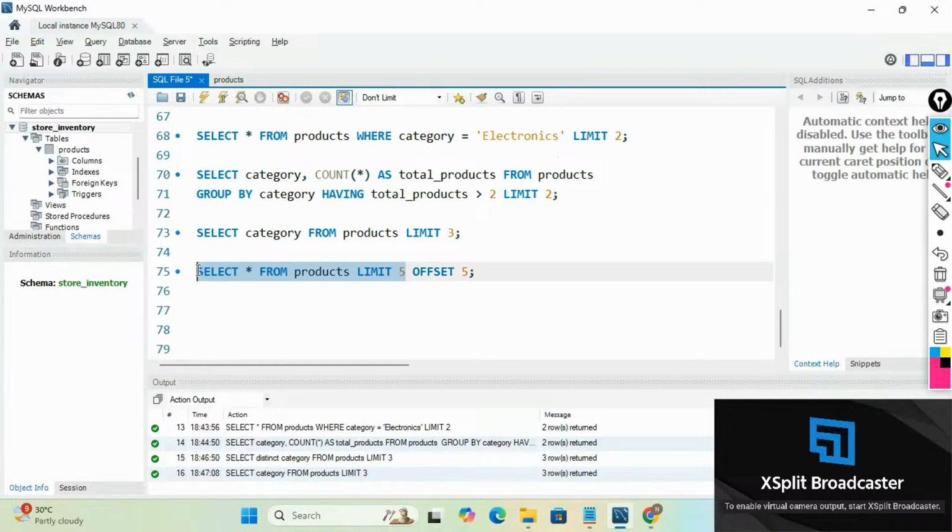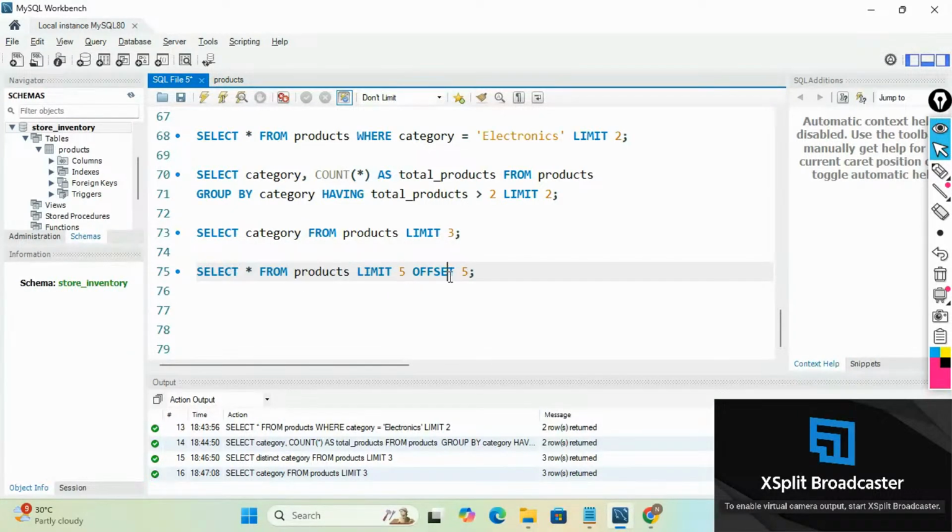Till this part we are aware that this will ensure it returns only the top 5 rows. But offset 5 means it skips the starting 5. This will ensure to skip the first 5, then it returns the next 5.